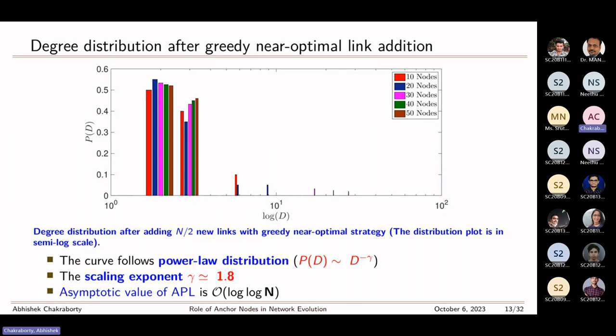Do you know what degree distribution is? Degree distribution is how many nodes have degree k. So this is the plot of that. Here you can see in the graph, blue means 20.